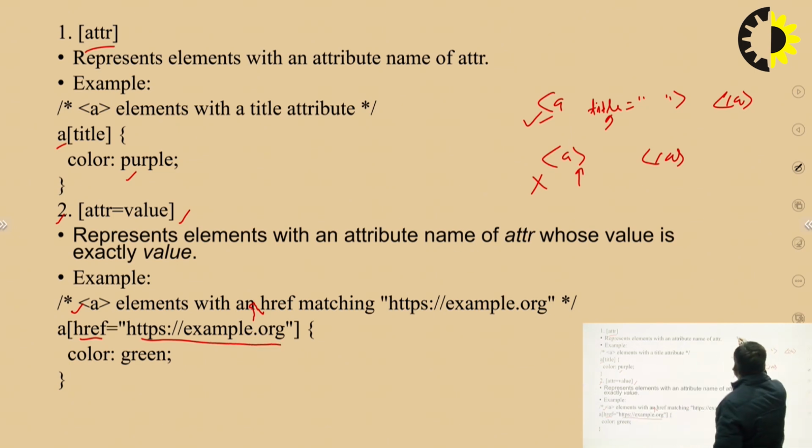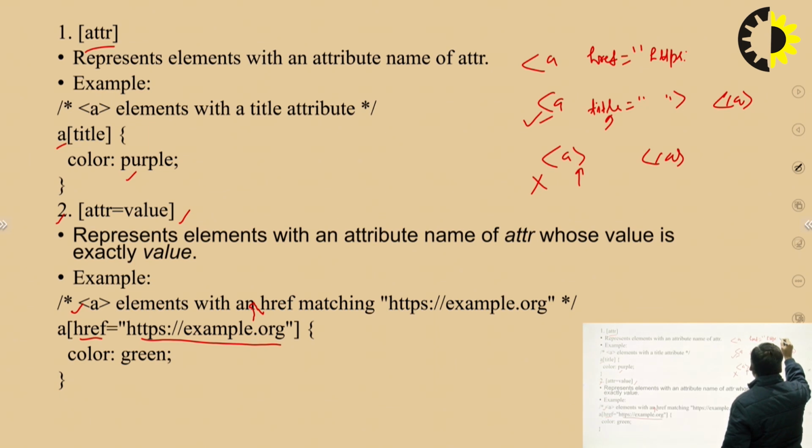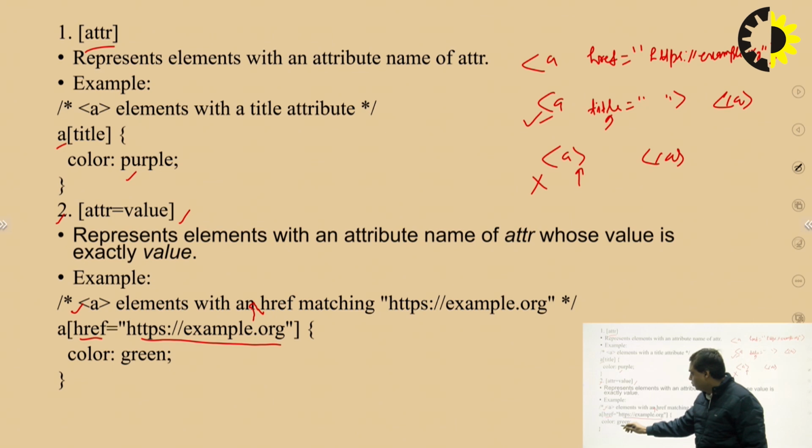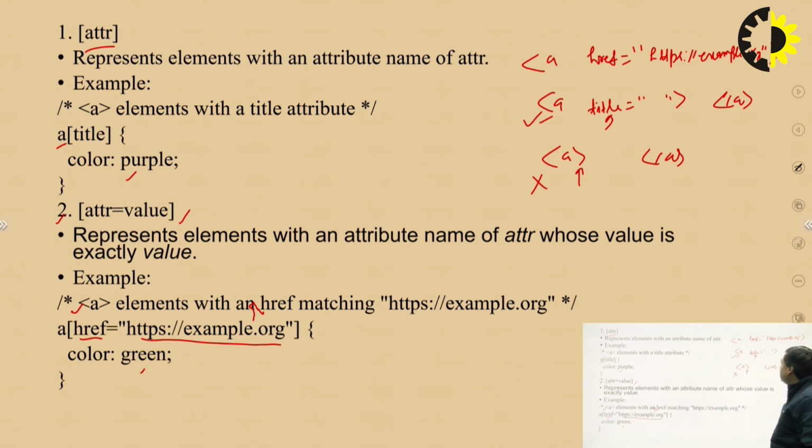So if we have an anchor tag with href equal to example.org, then color equal to green, this CSS will be applicable on this anchor tag because the value of href is example.org.